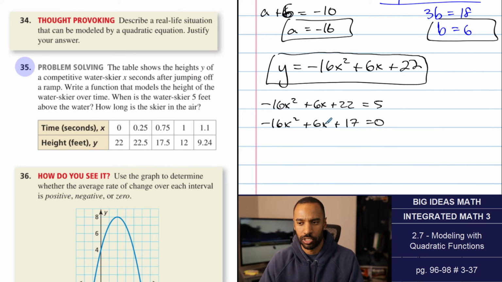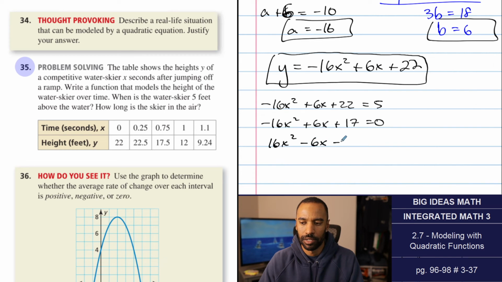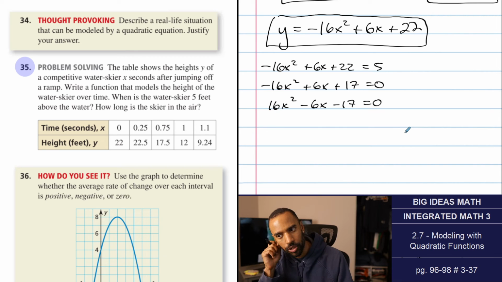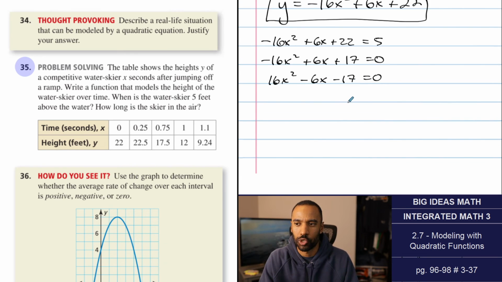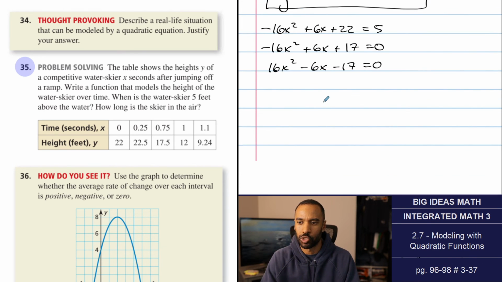I'm going to make a full-on assumption that it's not factorable, but I'm going to divide by negative 1. Let me make sure. Yeah, that's not factorable. So I don't even want to use completing the square, guys. I'm going to go straight to the quadratic formula on this one.